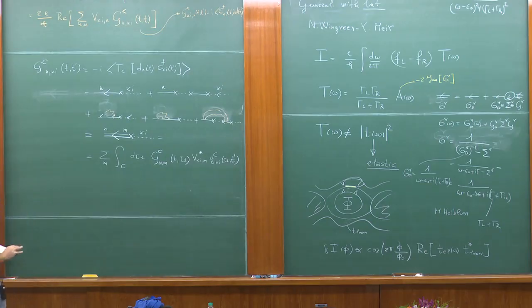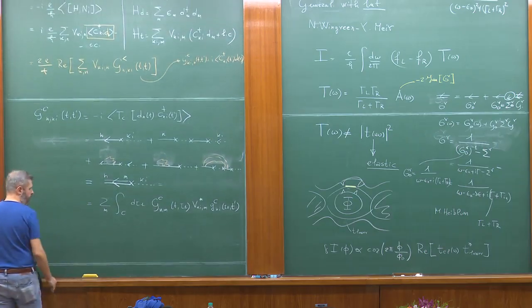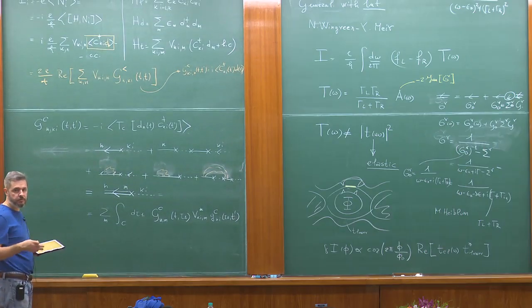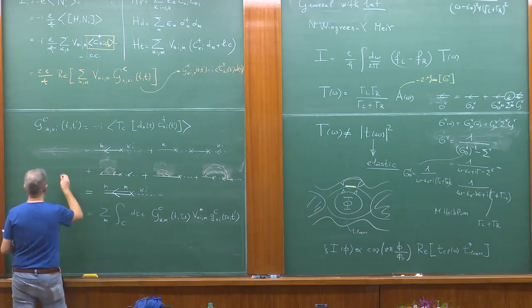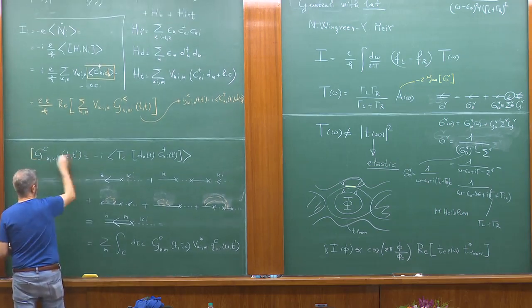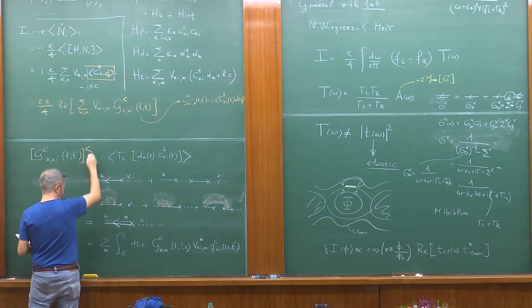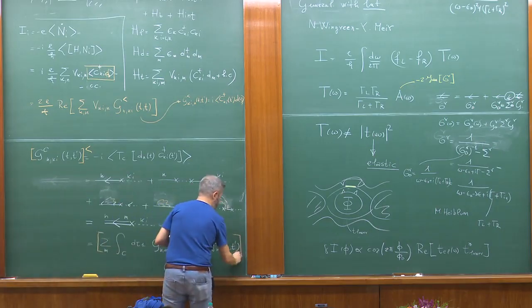So this is the general structure of my perturbation theory. Now what I want to do next is I want the lesser. This is what I want. So I have to do the translation. I have to take the lesser component of this integral.